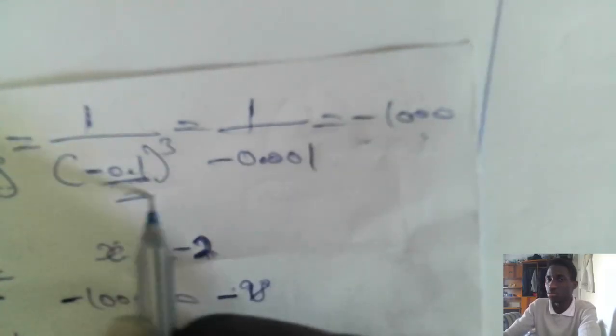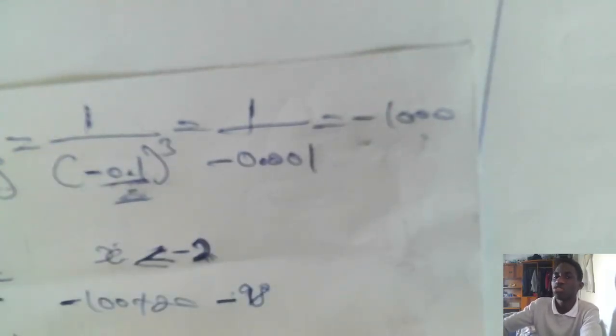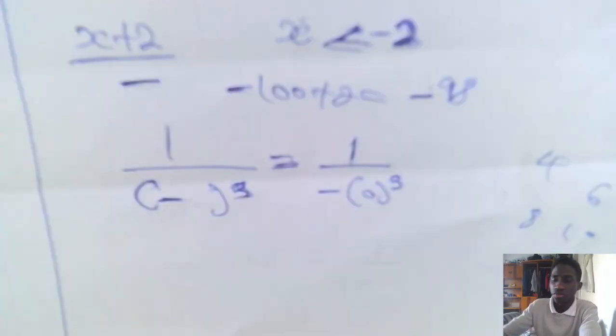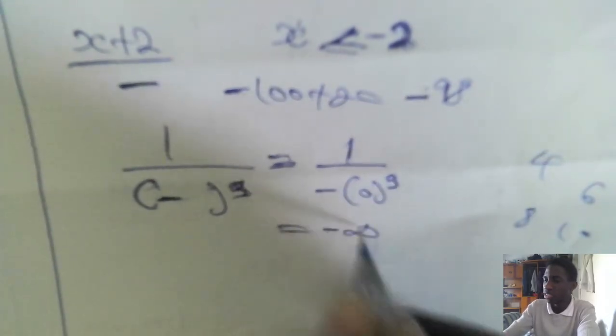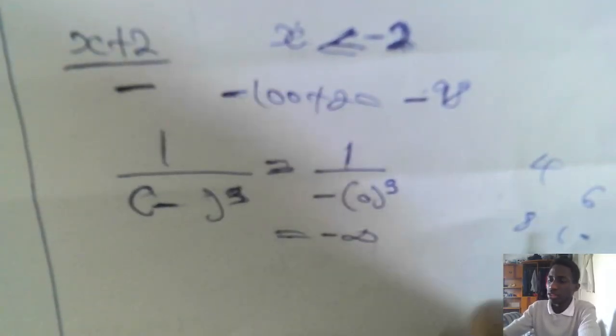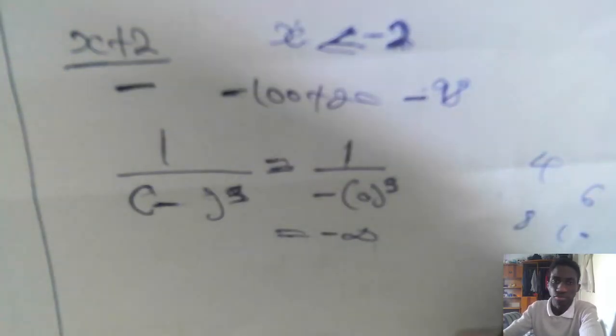Now that something is essentially 0, all cubed. It can be approximated as 0 because you get minus 0.0001. So essentially 0. So you can see where this is going. We're getting to minus infinity here. That's where we are actually headed.